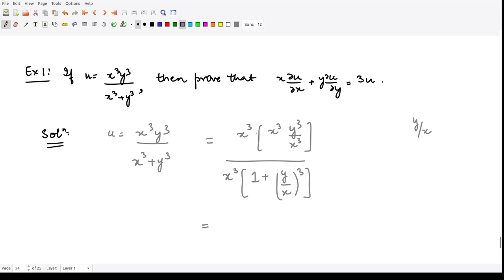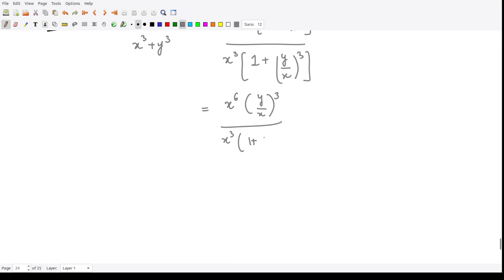So here what is the power of x? It is x to the power 6 into y by x raised to power 3, and here you have x cube into 1 plus y by x raised to power 3.